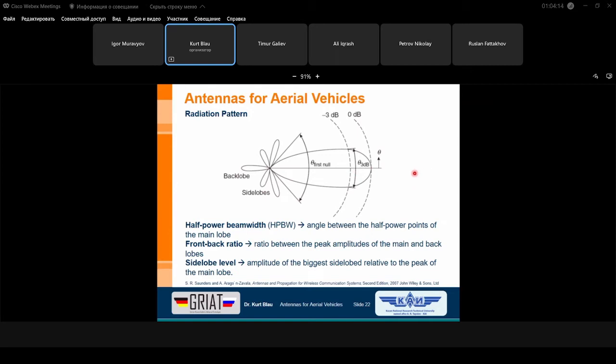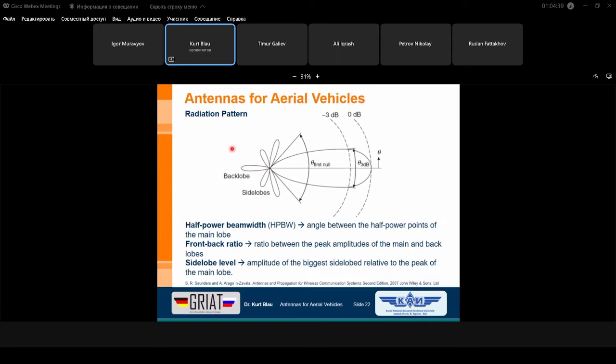You will also find that the antenna has zeros here, or here. This is specially designed because you want to suppress some distortions coming from a certain point in free space and going to your antenna.